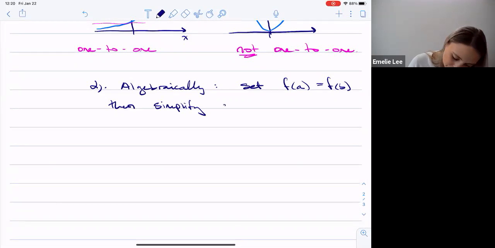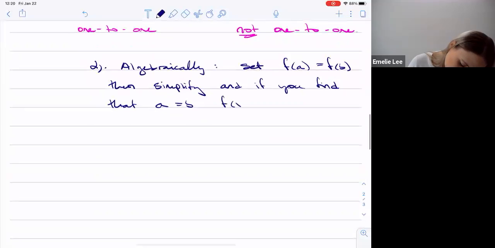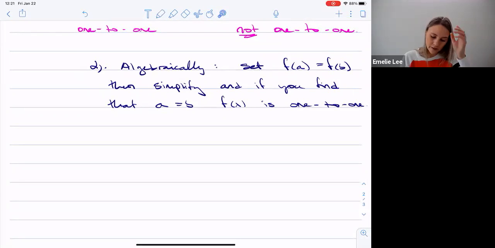And if you find that a equals b, f of x is 1 to 1, right? If the output at a is equal to the output at b, then what you should find is that a is equal to b, right?